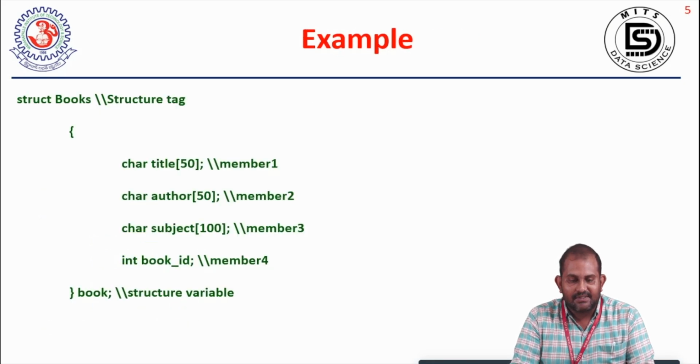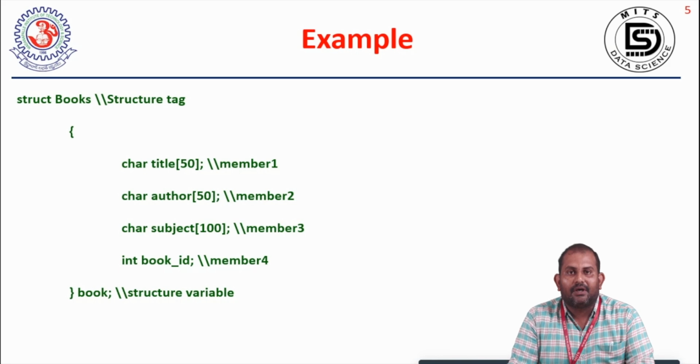Let's see the example here. I have taken four variables: title, author, subject, and book ID. Title is an array of type character which holds 50 values at a time.